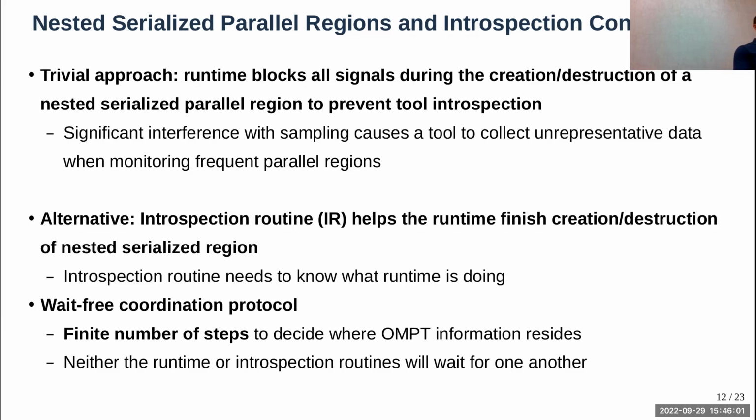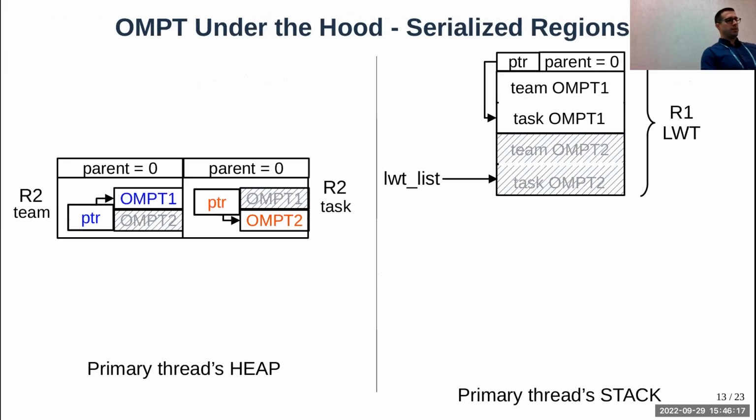For this purpose, we developed a wait-free coordination protocol that guarantees that in a finite number of steps, either the runtime or the introspection routine will finish up the process of creating or destroying the region and deciding where the OMPT information resides. What we did is extend each kind of descriptor, so team, task, and lightweight team descriptor, with a pair of OMPT descriptors and a pointer that says which element of the pair contains valid information.